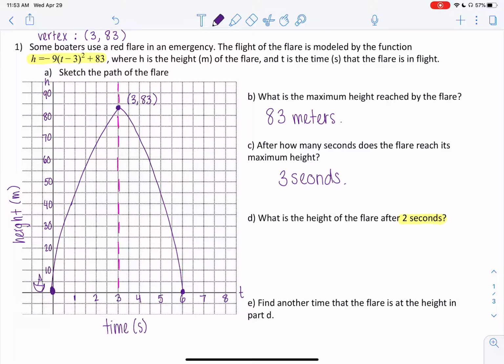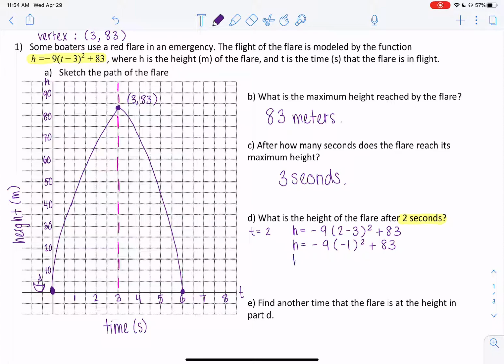So what is the height after 2 seconds? So seconds is a time value. So we're just going to sub in t equals 2 into our equation. So wherever I saw a t, I'm just going to write a 2. And now we're just going to follow our rules of BEDMAS to simplify. So we have to deal with the stuff in the brackets first.